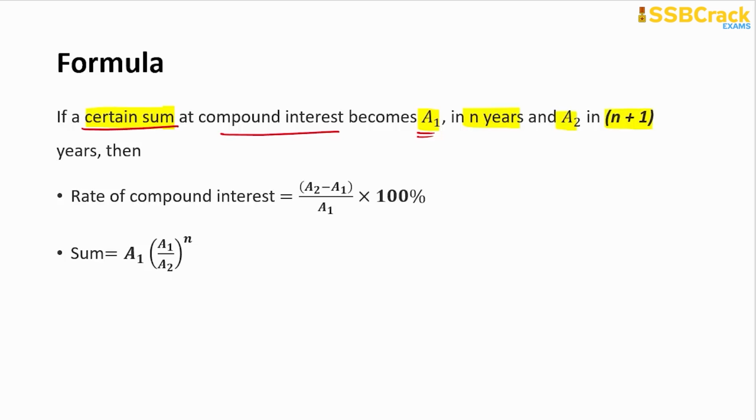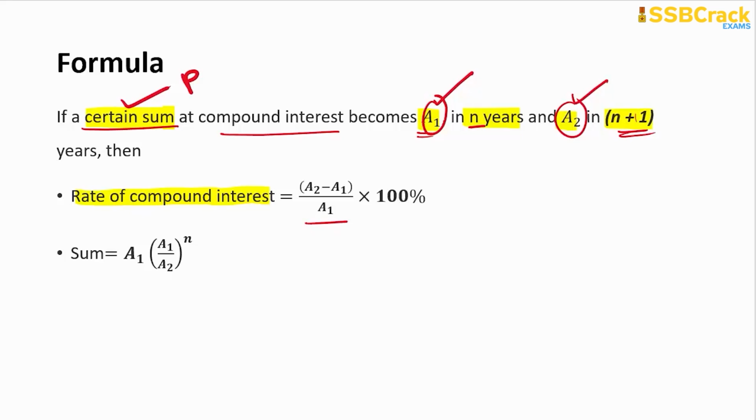Now the question can be to find out the rate of such compound interest. The rate must be the same because here they are talking about a certain fixed initial sum P, on which the compound interest is calculated, giving the A1 amount for n years and the A2 amount for n plus 1 years. So we are interested in the rate of compound interest.